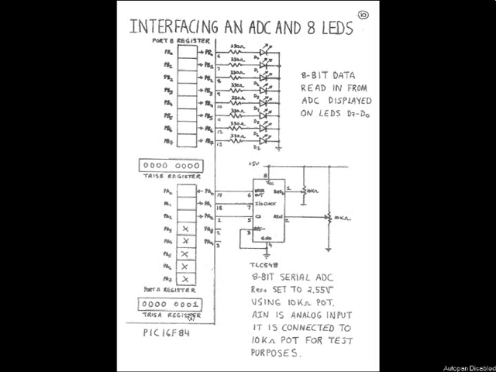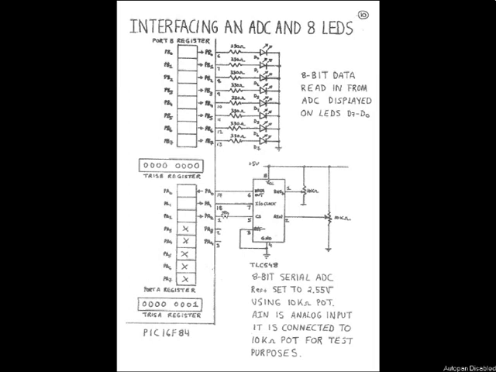Now, I also want to connect the analog to digital converter. I've only got 2 choices. I can connect it to either port A or port B, but you can see port B is already connected to 8 LEDs. That leaves me with only one choice. I must connect my analog to digital converter to port A. In this particular arrangement, I'm connecting it to port A lines PA0, PA1 and PA2.